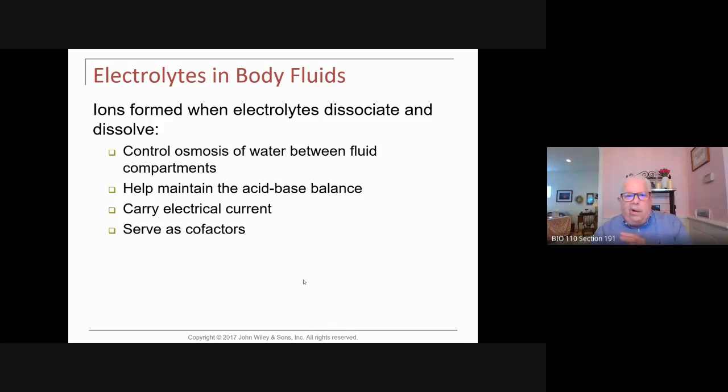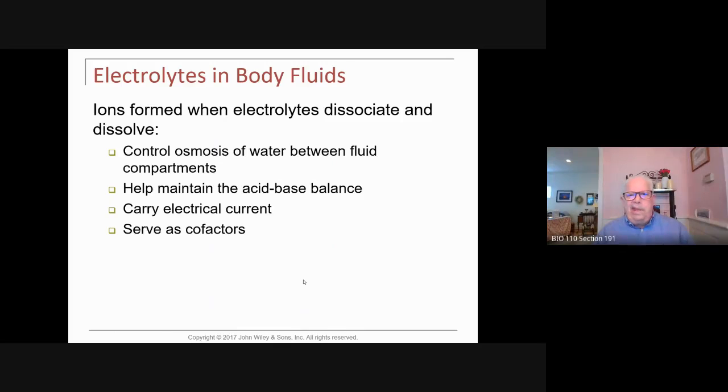We talked about water. We've talked about sodium. We talked about chloride. Let's talk about all the other electrolytes. Electrolytes in your body are either positively charged or negatively charged. If they're positively charged, they're called cations. You should have learned that in AP1 or in chemistry. If they are negatively charged, they're called anions.